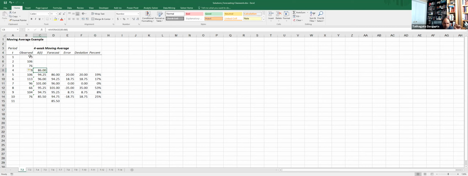So we take periods 1, 2, 3, 4, these 4 periods. And right next to the 4th period, we put equal to average of B5, which is 73, to B8, which is 89. So it takes 73 plus 106 plus 76 plus 89 divided by 4.